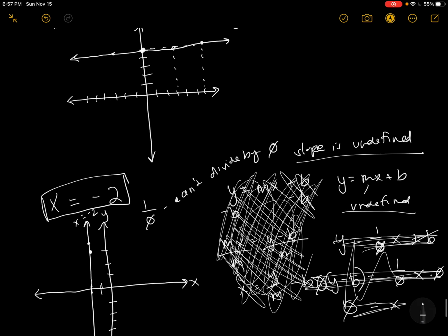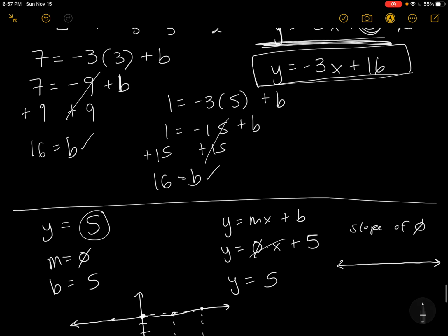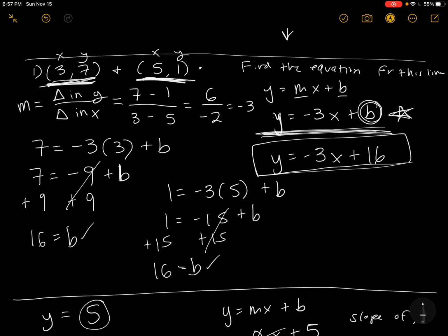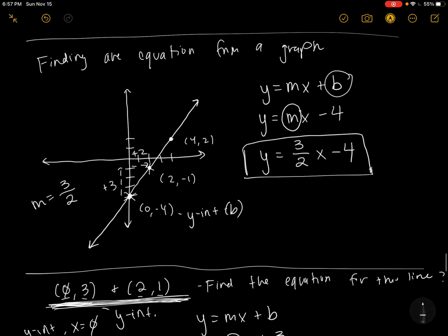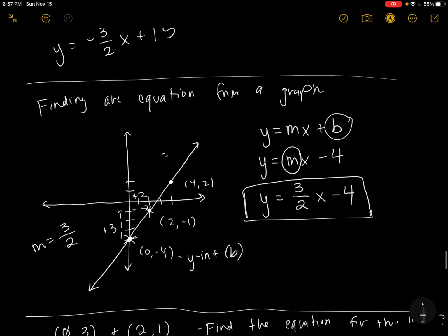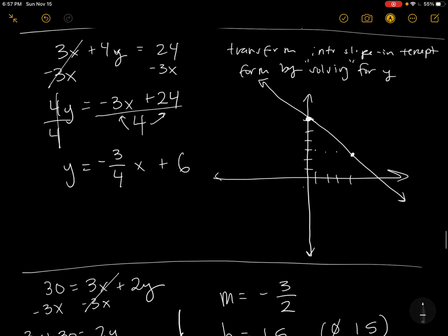Okay, so we've pretty much covered vertical and horizontal line graphs, how to figure out equations from just given points, how to figure out equations when you know the y-intercept, and then you can determine the slope, how to figure out equations from looking at a line, and lots of how to write things in slope-intercept form.